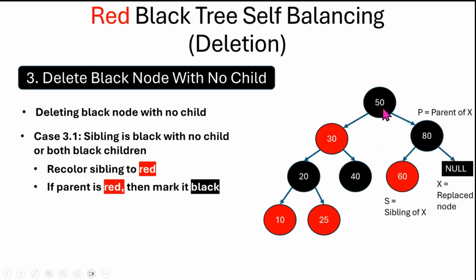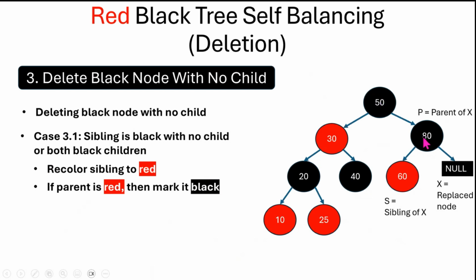Now, two things. One, it fixes the red violation here, and it also fixes the height upstream. Previously, if this was red, one black height was getting added for the whole tree. Now, by making this red to balance it out here, we are reducing the height upstream.